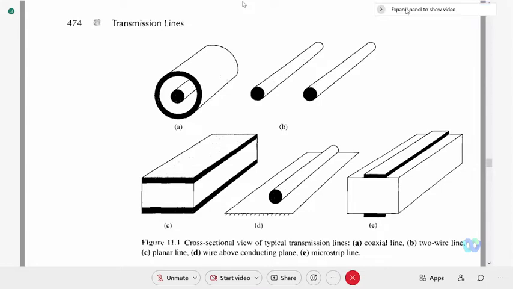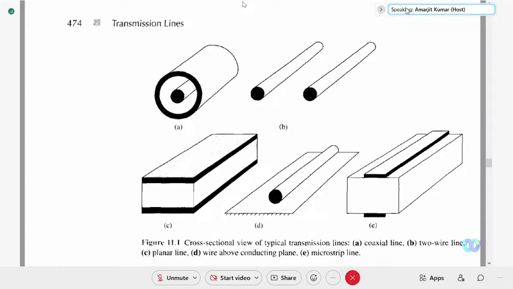It is used in television receivers for connecting the television sets to the dish antenna, in regular laboratory experiments, and also in Ethernet. So we use coaxial cable to connect the antenna with the TV, and in laboratories to do all the experiments.